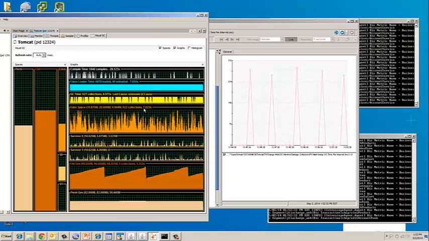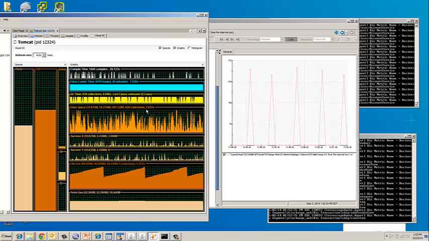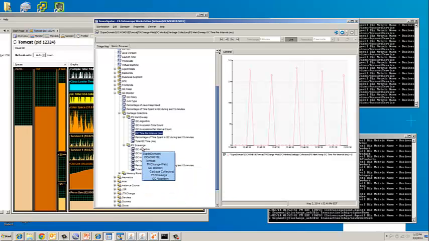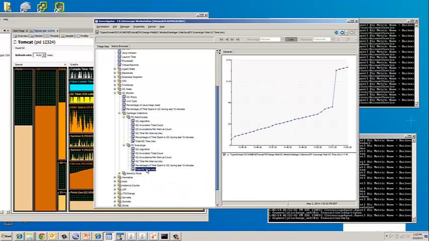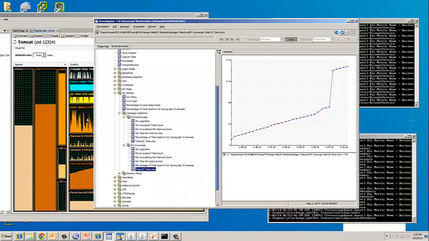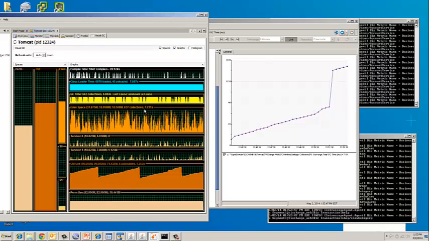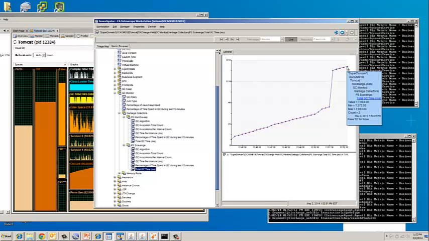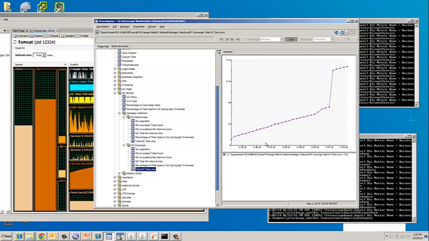Over here it says about 7.6 seconds. If I go back to my Introscope and look at my collector's total GC time, I would expect to see something similar. So this is 7.7, and if I look at this, it's about 7.7. So this is giving me the same information that Visual GC is.